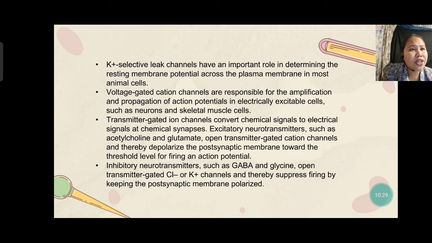Inhibitory neurotransmitters such as GABA and glycine open the transmitter-gated chloride ion and potassium ion channels and thereby suppress firing by keeping the postsynaptic membrane polarized.